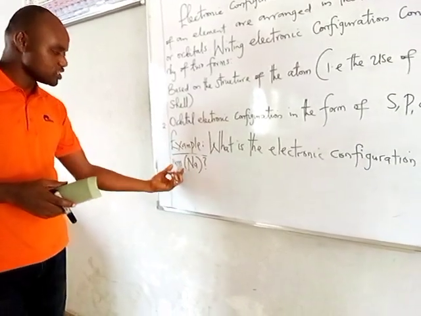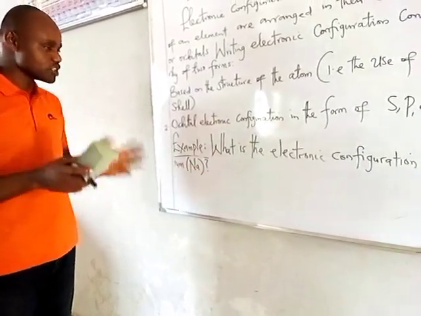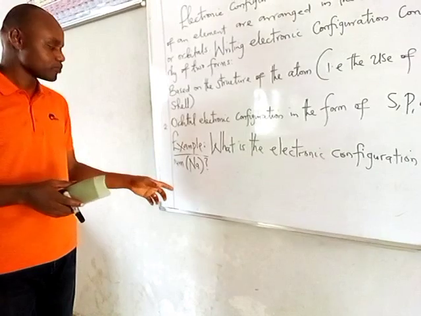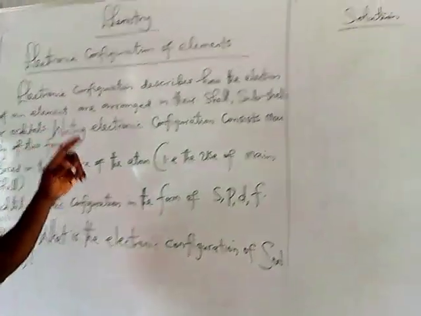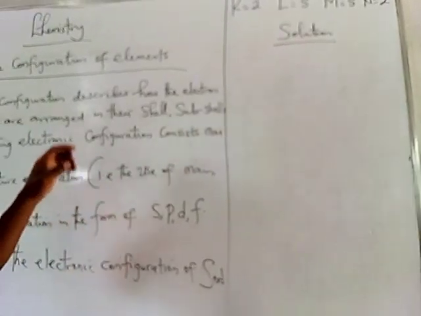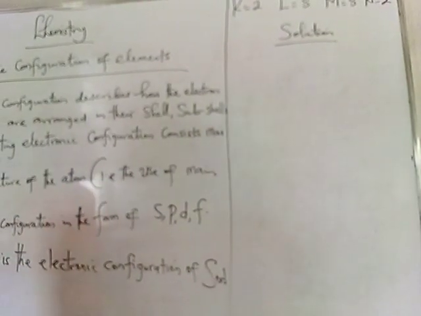So I just use this as an example for those people that don't know the symbol for sodium, which is Na. Now let's see how we are going to use the main shells to solve this problem.